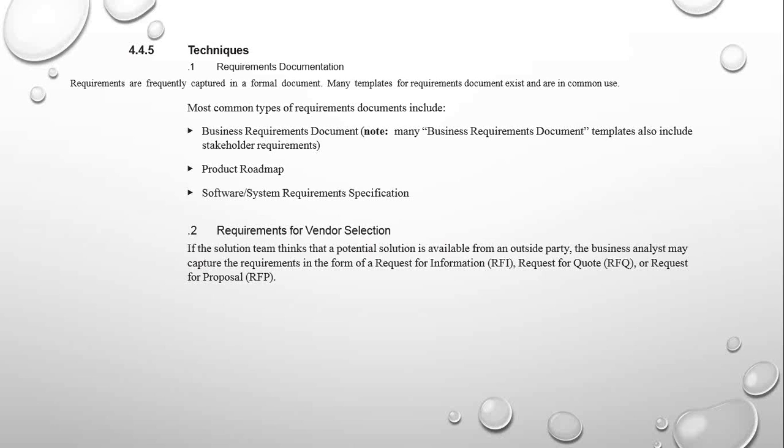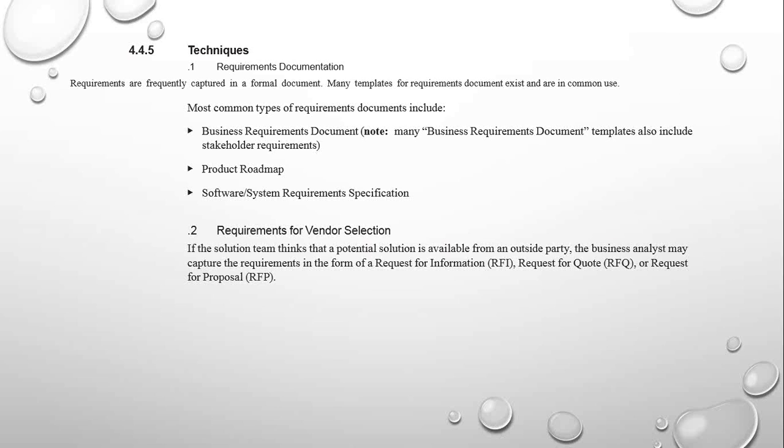But again, the business analyst may be involved in writing the RFP, because you need to provide the right piece of information. Based on that, all the vendors are going to respond back with a request for quote.